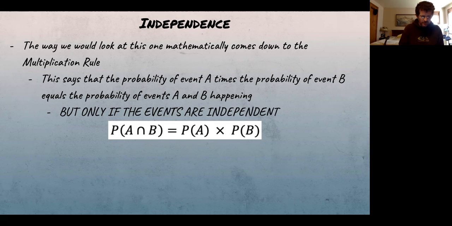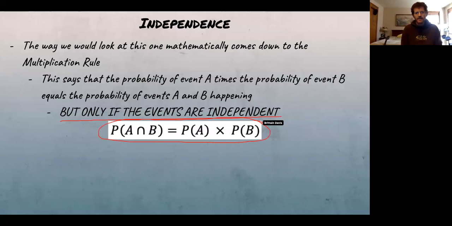And just like we did with mutually exclusive, because this is a criteria for this to be true, we can go and examine data. If this checks out for our data, then the events are independent. If this does not check out for our data, then they are not independent.